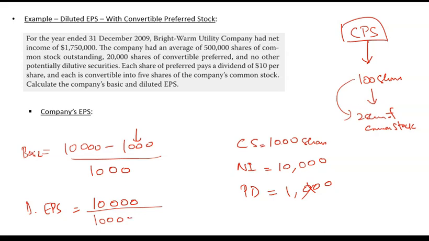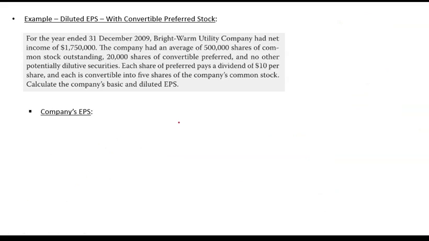So 100 into 2, that is 200. So this will give me my diluted EPS. That is, if something is convertible, you assume that it has been converted. Once you have the diluted EPS, you will compare it with basic EPS and you will take the lower of the two as diluted EPS. So here is an example for you to do. Please do it and calculate diluted EPS.